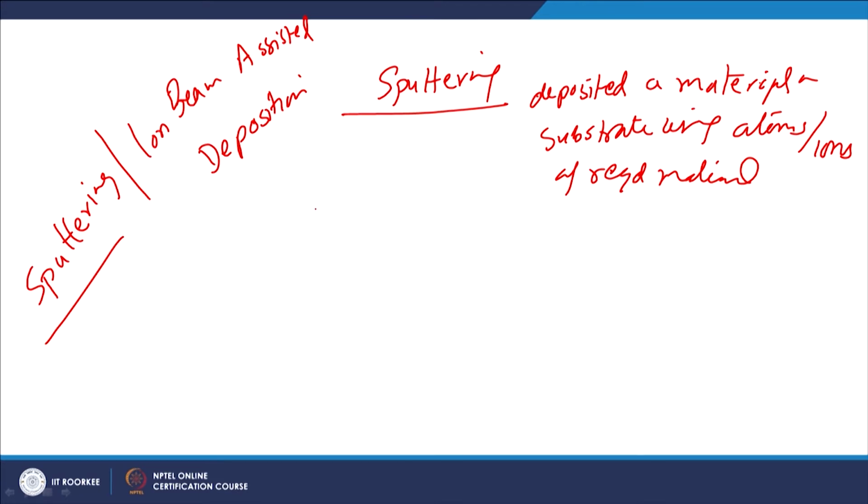So basically there is a substrate on which the material is to be deposited. The material which is to be deposited is termed as the target.